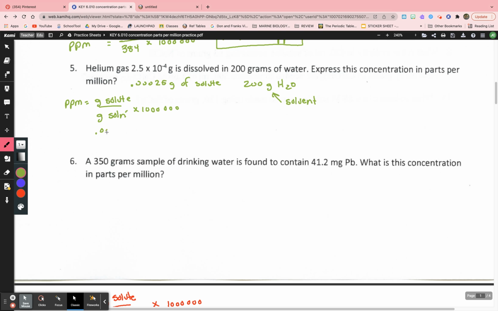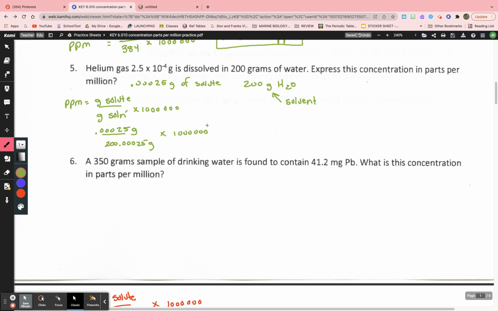I have 0.00025 grams of solute over 200.00025 grams of solution. Remember, the solute plus the solvent equals the solution, times a million. That's a little bit messier, but we're going to calculate that.